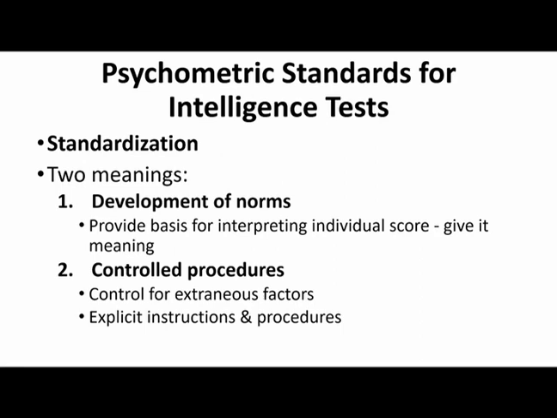Norms are test scores that are derived from a relevant sample that are specifically used to evaluate an individual's score. So by collecting these norms, we develop a standard, a baseline to compare any individual to. And by allowing us to compare an individual's score to that baseline, it gives more meaning to the individual score.